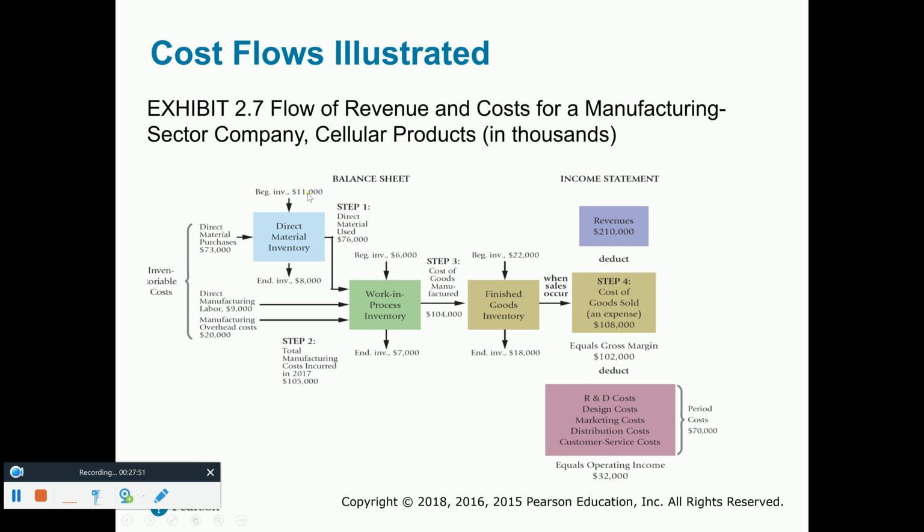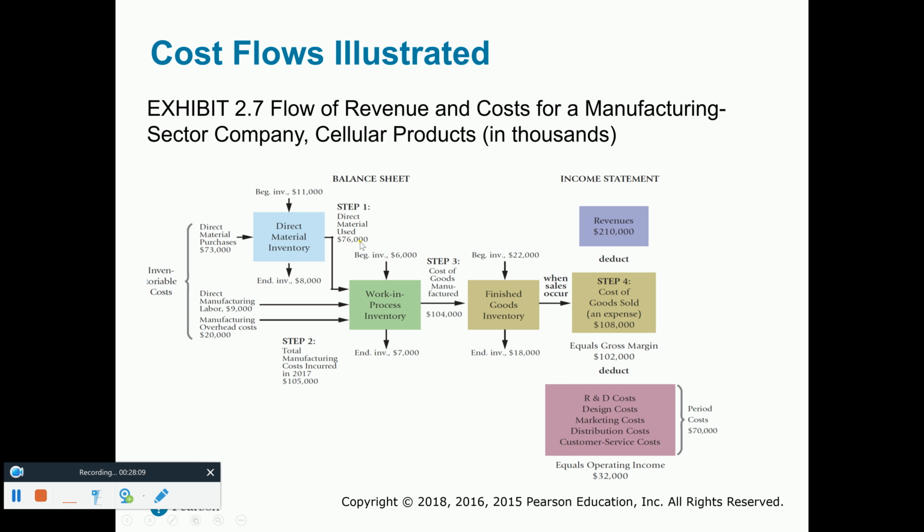So beginning inventory of 11 plus purchases of 73 gives you 84,000. 84,000 minus the ending inventory of 8, that's 76,000. That means $76,000 of direct materials were used. That means $76,000 of direct materials were moved out of the direct material inventory account into the WIP.